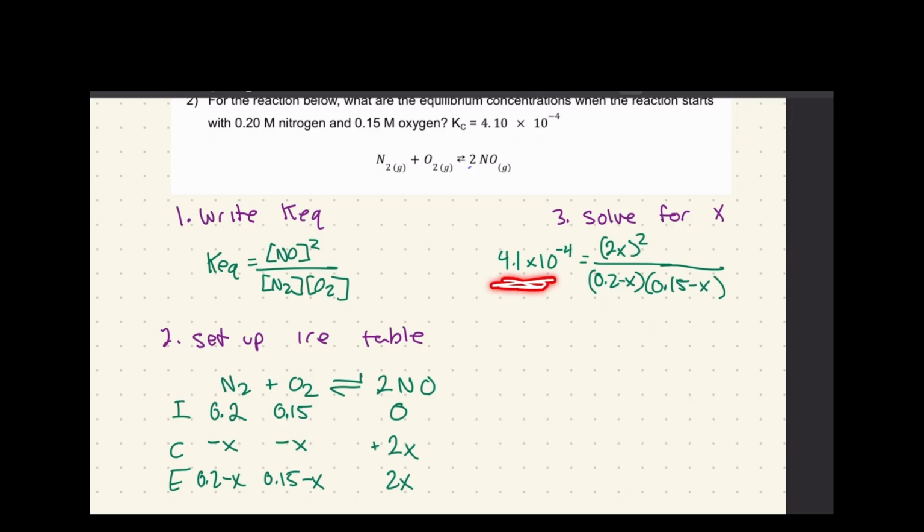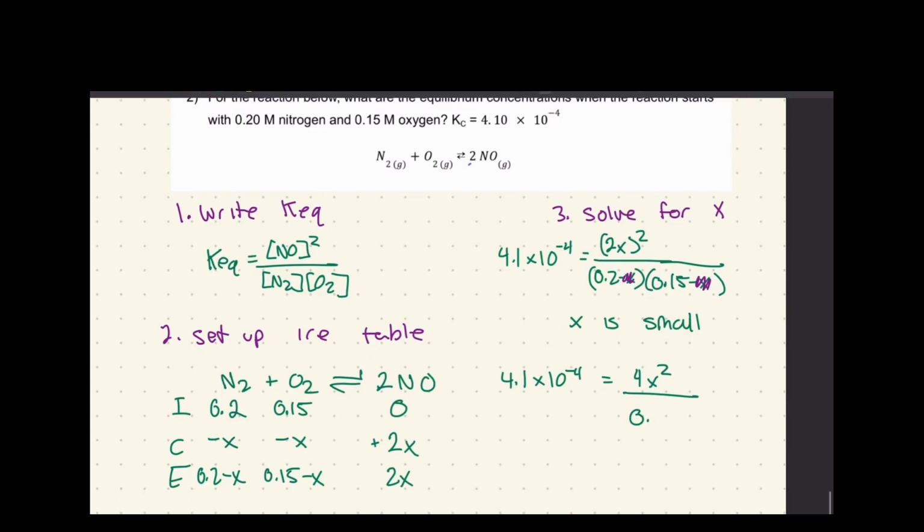I see that this Keq is a pretty small number, which means that I'm going to have mostly reactants and not a lot of products. This tells me that x is small. This change is going to be negligible, so I can ignore it in the reactants. I can continue to simplify this and say 4.1 times 10 to the negative 4 is equal to 4x squared divided by 0.2 times 0.15, which is going to be equal to 0.3.